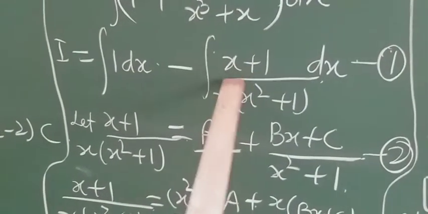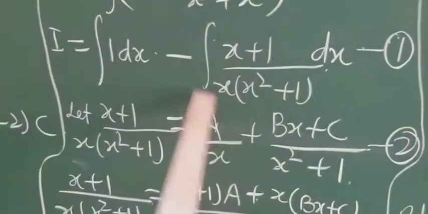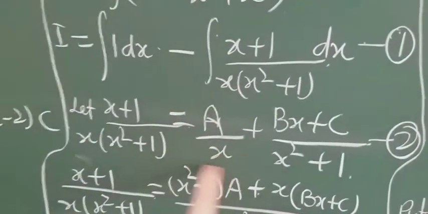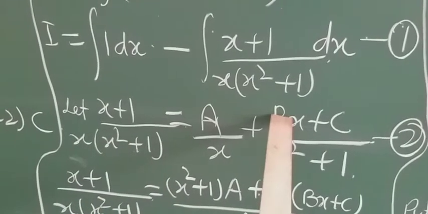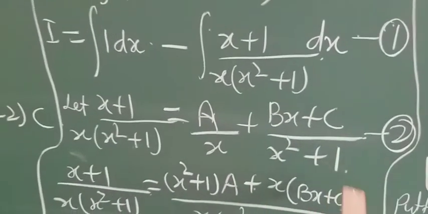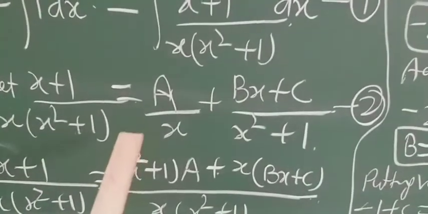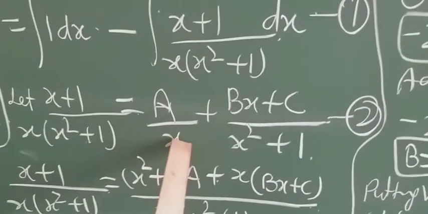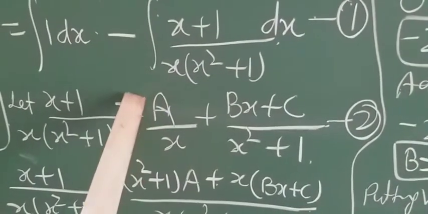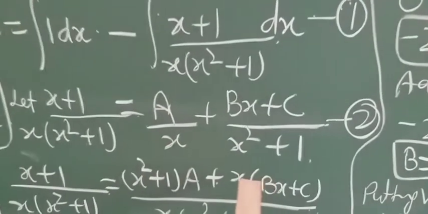So let us suppose (x plus 1) upon x squared plus 1 equals A upon x, and its degree is 2, plus (Bx plus C) upon x squared plus 1. As I told you earlier, when we suppose, we have to remember that the degree of the numerator is 1 less than the denominator.